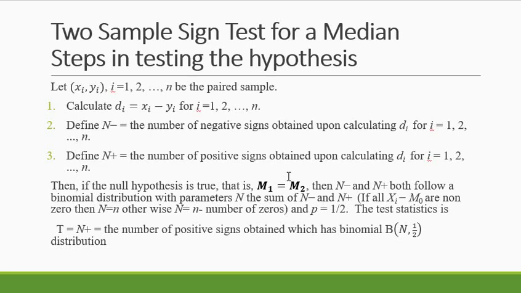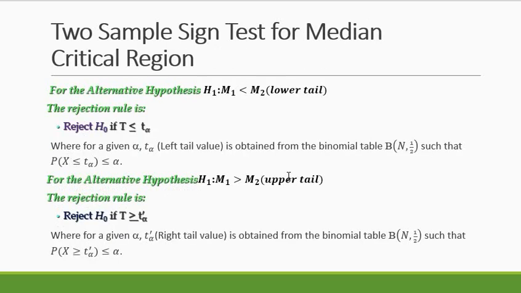So it is the count only, no magnitude is considered. Again we discard the zeros. If xi equals yi, then di is 0, and those values are discarded. Here also we take the same test statistic T, the number of positive signs, which under the null hypothesis follows the binomial distribution.